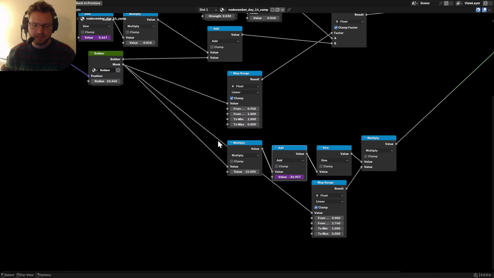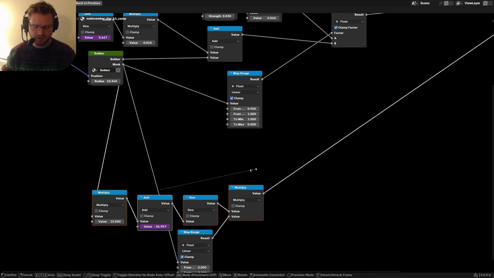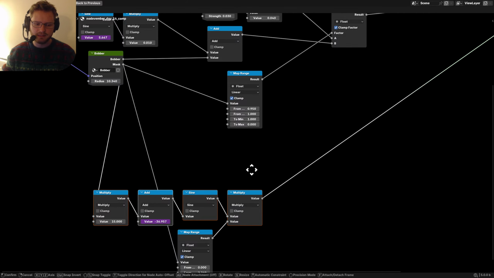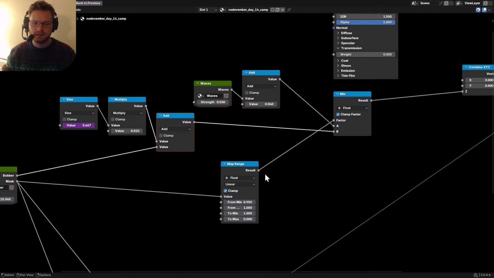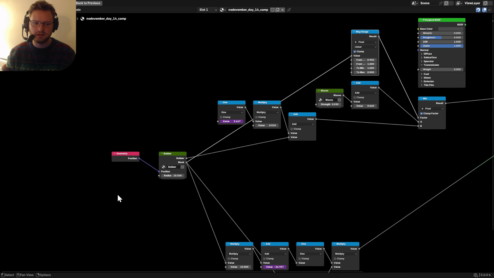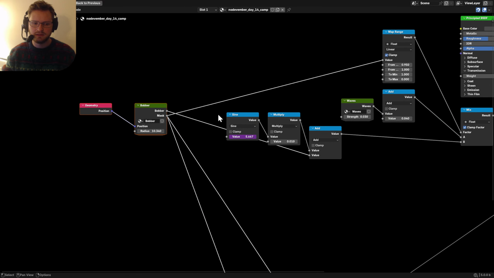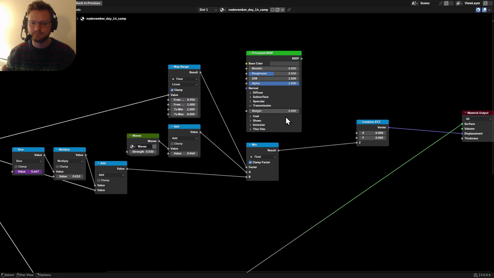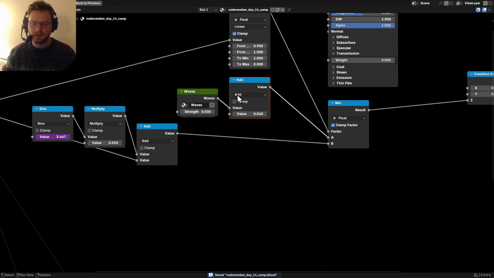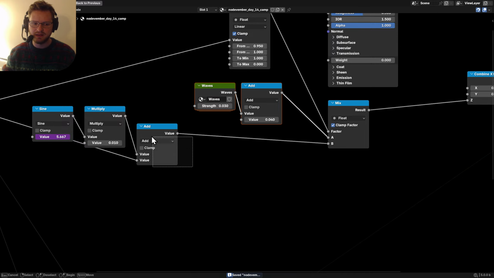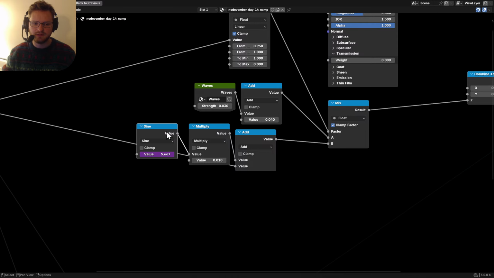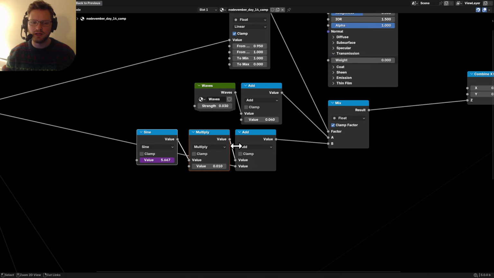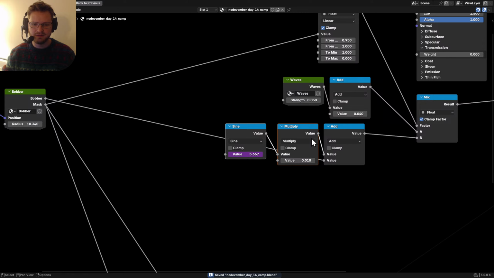Okay, let's consolidate. So all of this is going to be our little wave things, which we'll deal with later. This is our mixing. Okay, so we've got our waves. I'm adding an offset to this, which also gets a strength. What even is this? Oh, this is the overall height of the bobber. Am I tripping? What's happening here?